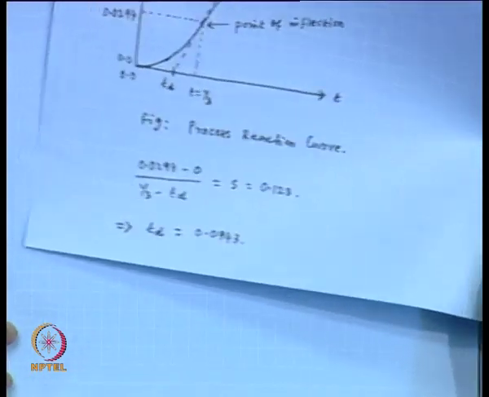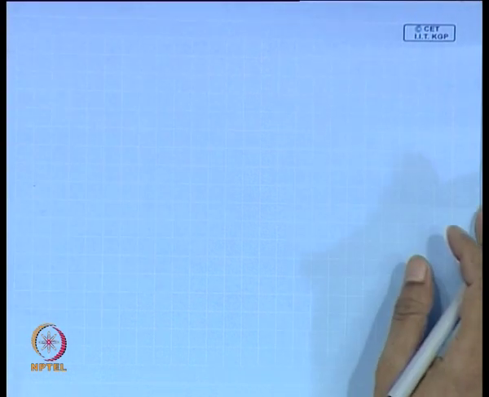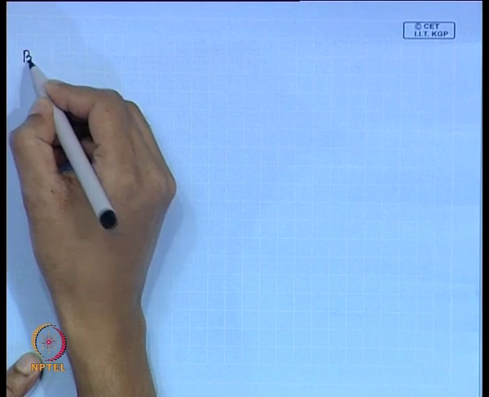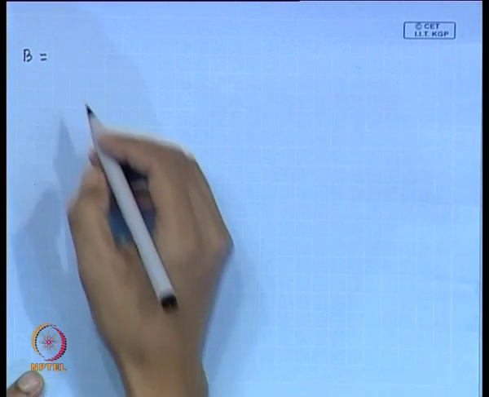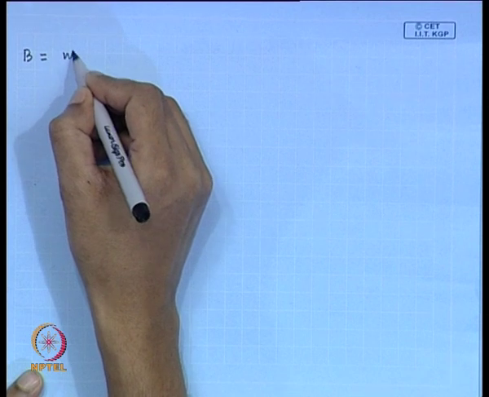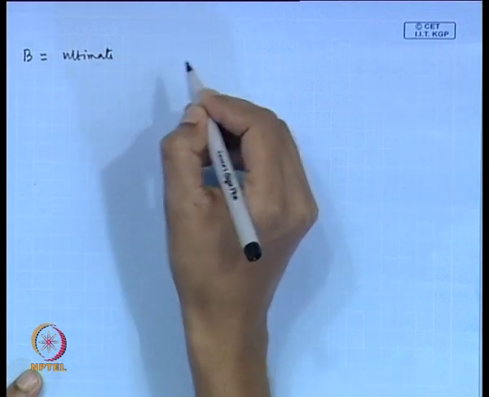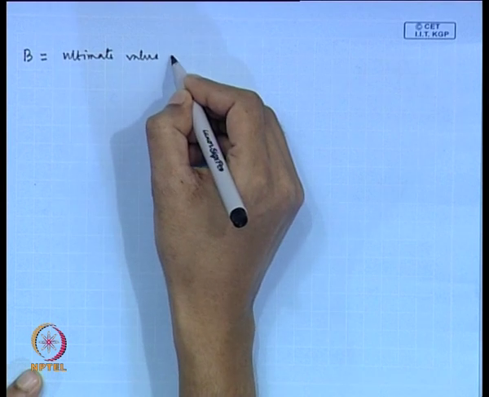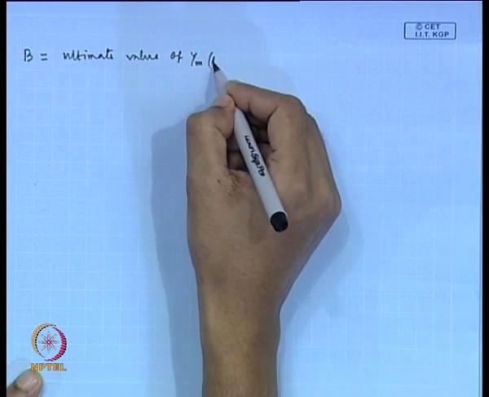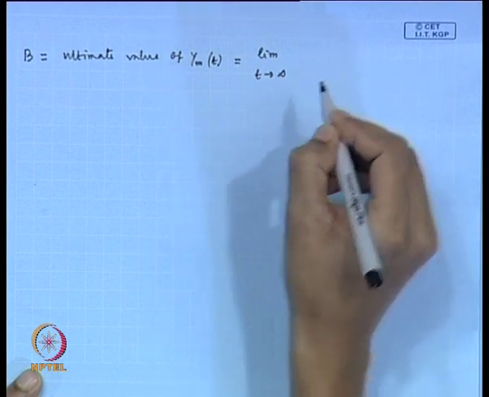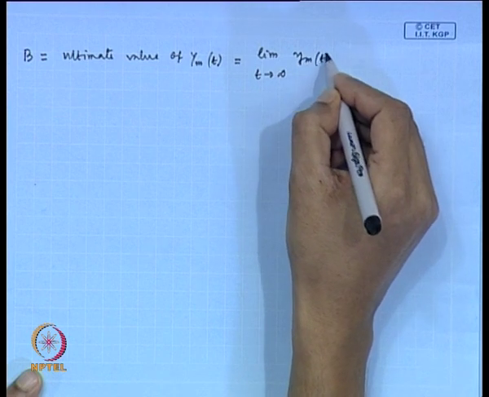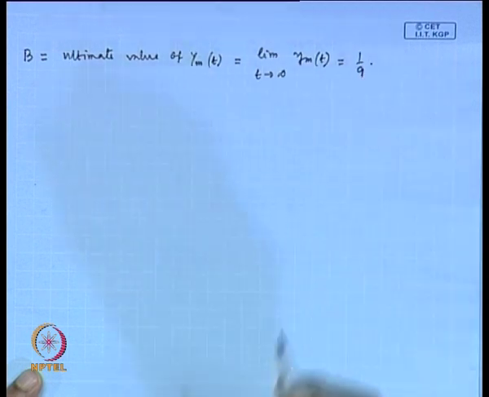Can you determine the ultimate value of Ym(t)? We represent the ultimate value of Ym by B. So, B equals, how much you calculate? The ultimate value of Ym(t), that is limit t tends to infinity Ym(t), is 1 by 9.